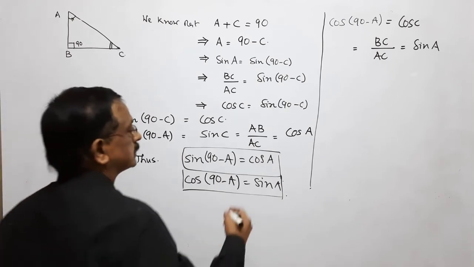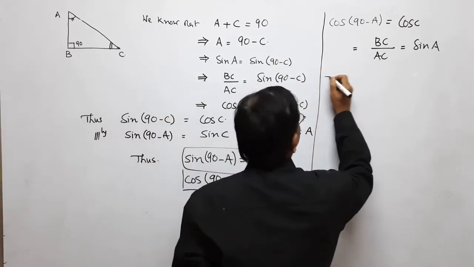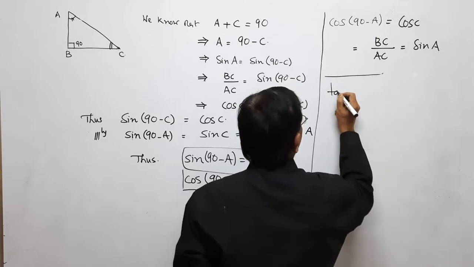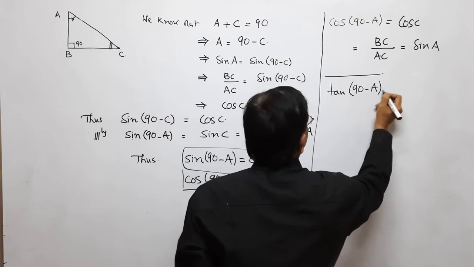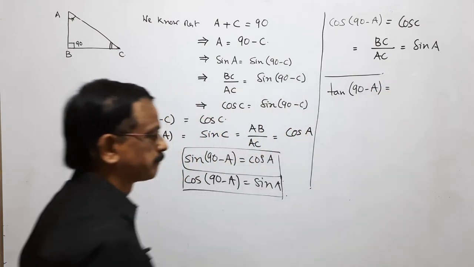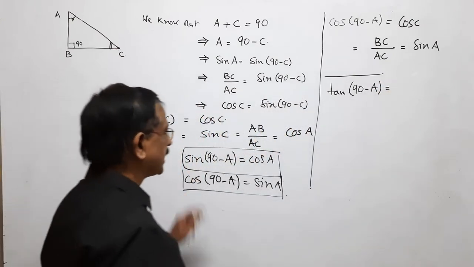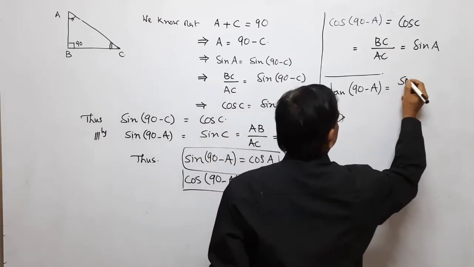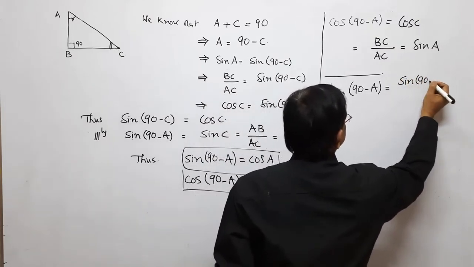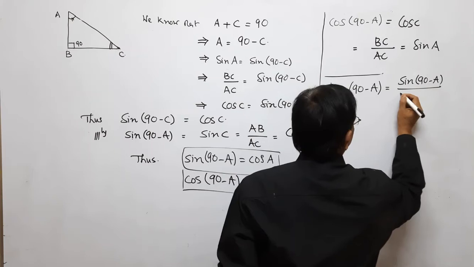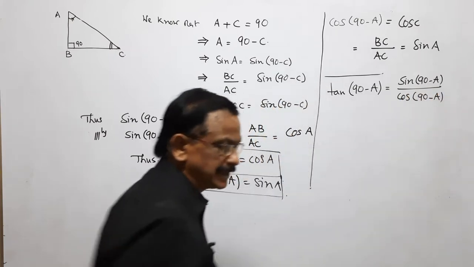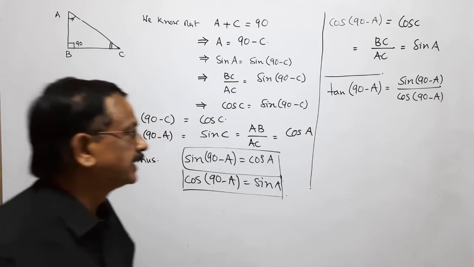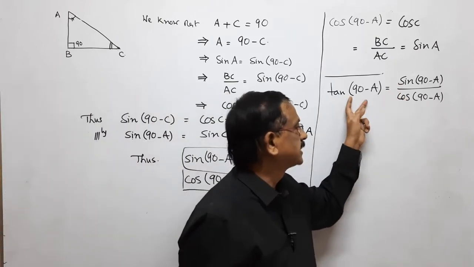Let us evaluate tan 90 minus A. Tan 90 minus A is sin 90 minus A by cos 90 minus A. Why? Because sin theta by cos theta is tan theta.